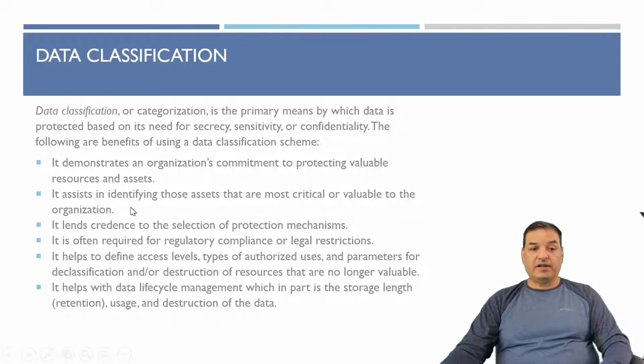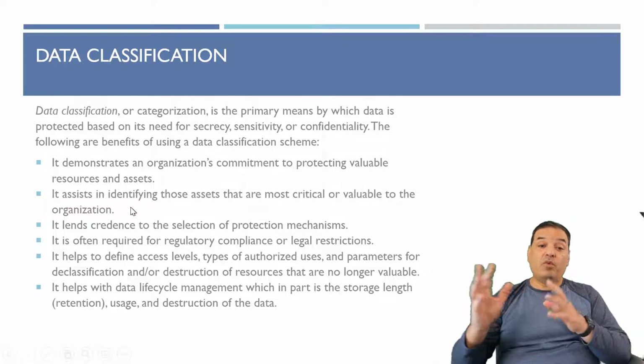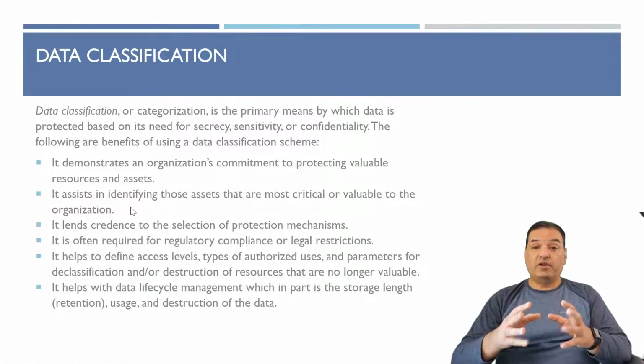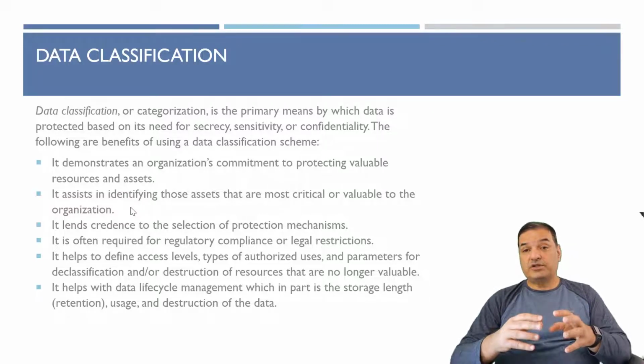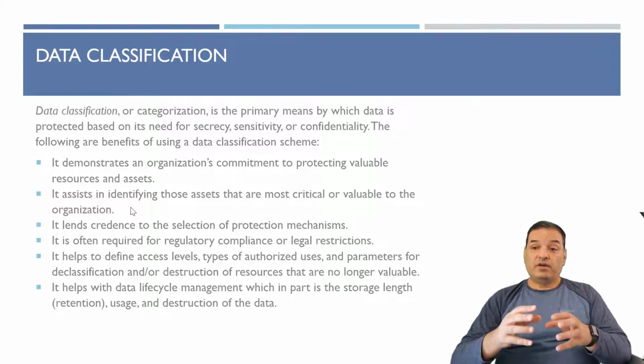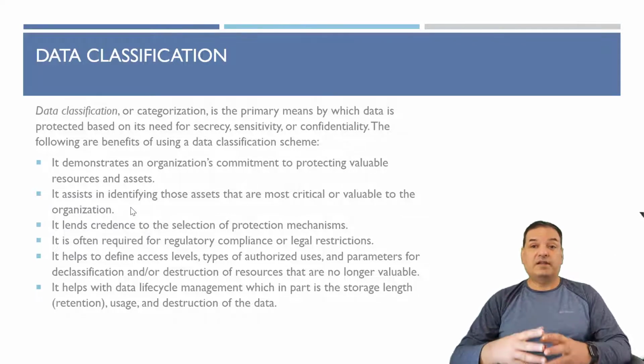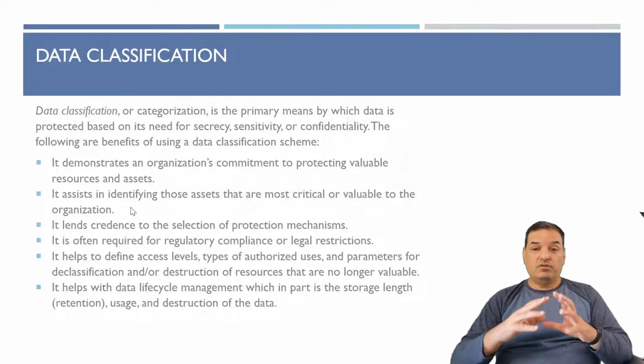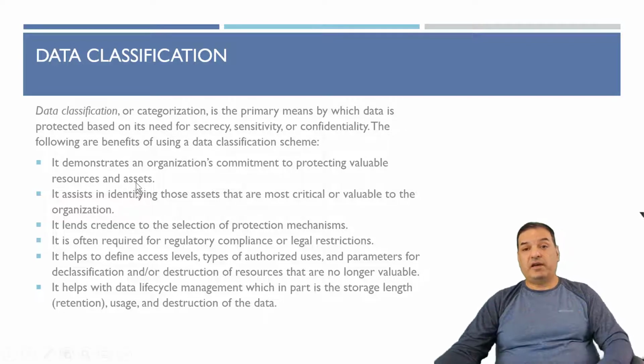It helps in identifying those assets that are more critical or more valuable. So we talked about the limited resources of an organization, so therefore we devote more resources to protecting more sensitive data as opposed to spreading our resources thin by applying them to all data equally.